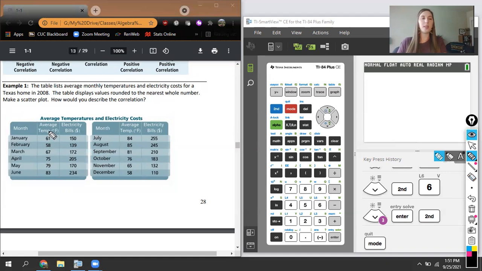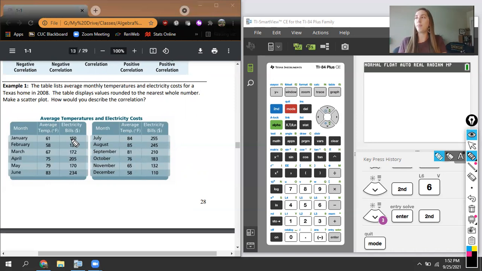So let's go ahead and take this information. What's going to be our x value? What's going to be our y value? Well, which one depends on what? If you're looking at the average temperature of the month and then the electricity bill for that month, if you know anything about electricity, your electricity bill is going to increase when you have your air conditioner on longer.